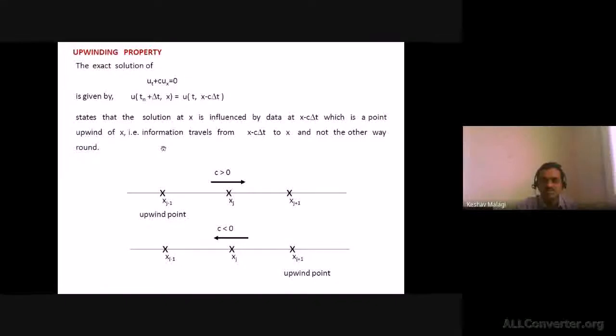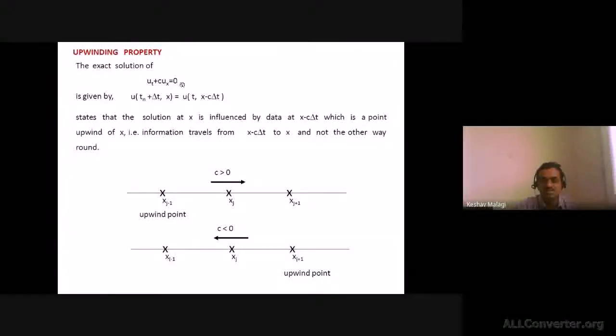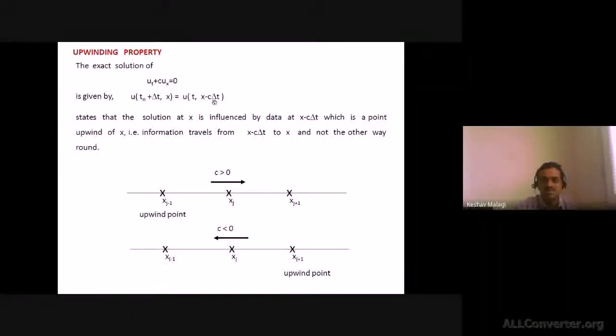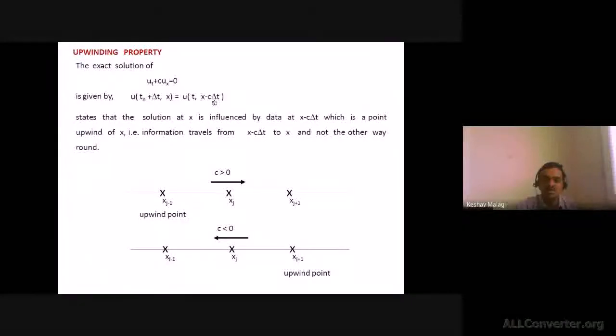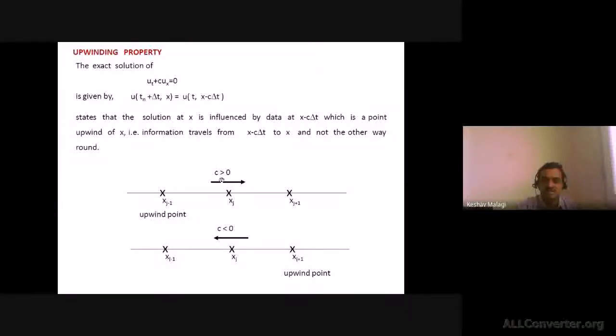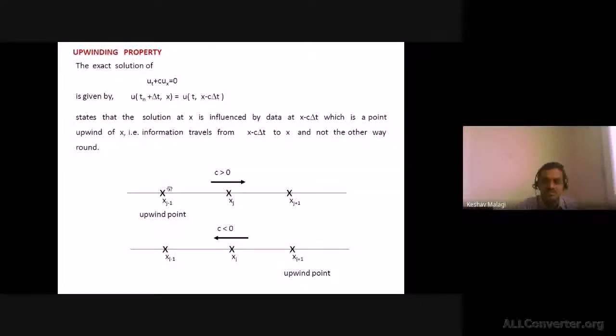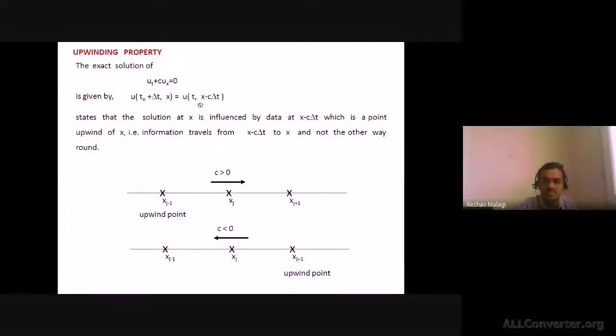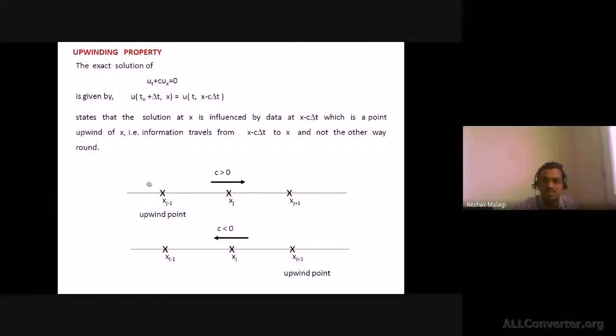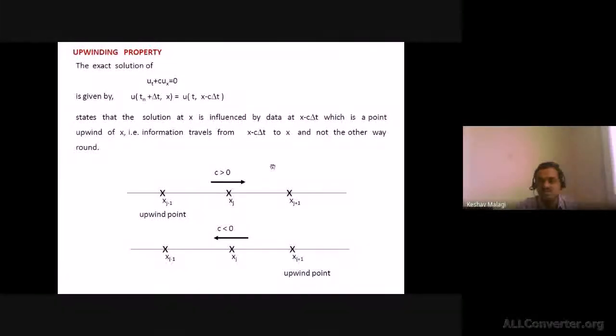Okay, so you can easily see that if c is the velocity, x minus c delta t will lie upwind of that. That is, if velocity is moving from left to right, this is the upwind point. So you can see that x minus c delta t is upwind. That is why it is called upwind. Wind is in this direction, upwind is in this direction. So we are choosing points in the upwind direction.